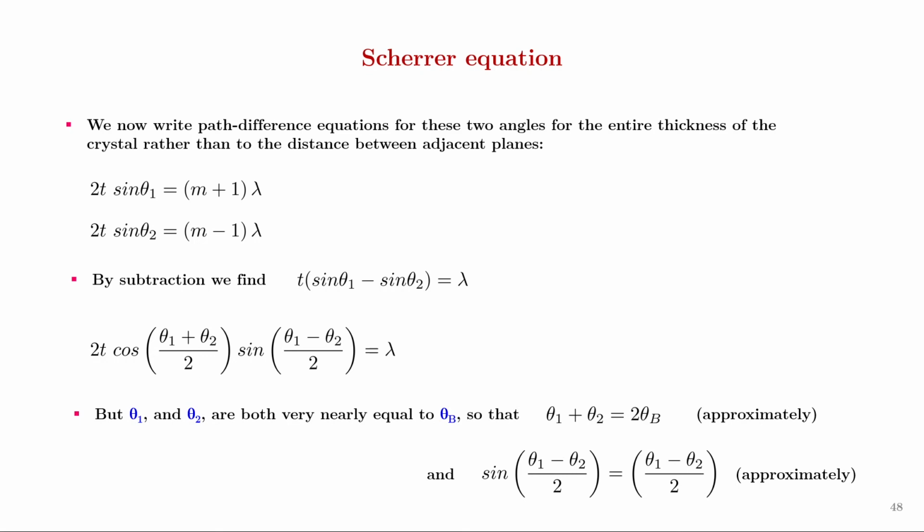But theta 1 and theta 2 are both very nearly equal to theta b, so that we can write theta 1 plus theta 2 equal to 2 theta b approximately, and sine of theta 1 minus theta 2 divided by 2 as equal to theta 1 minus theta 2 over 2 approximately.